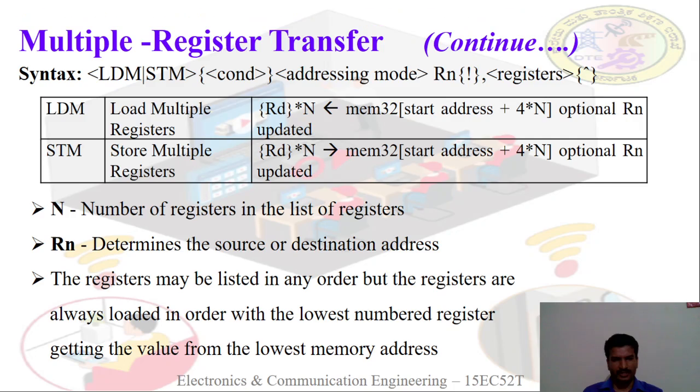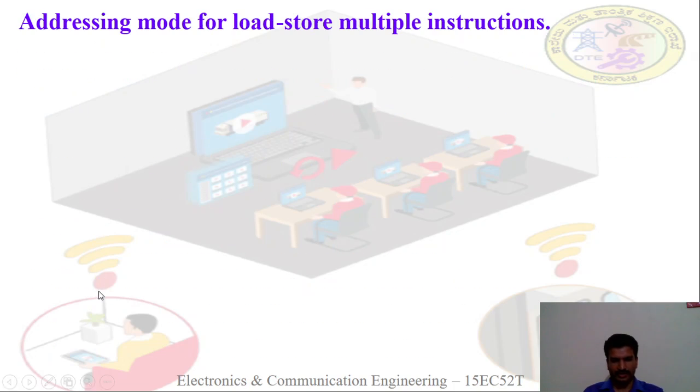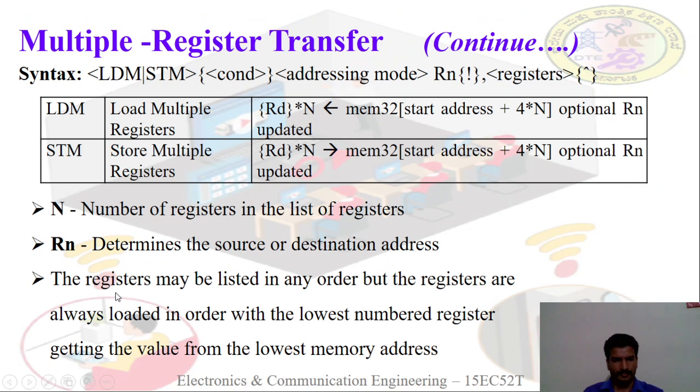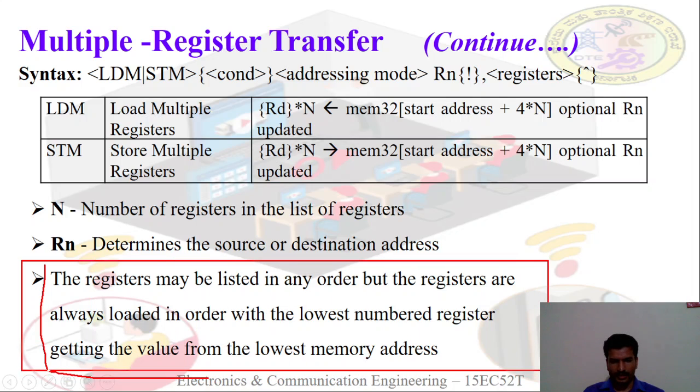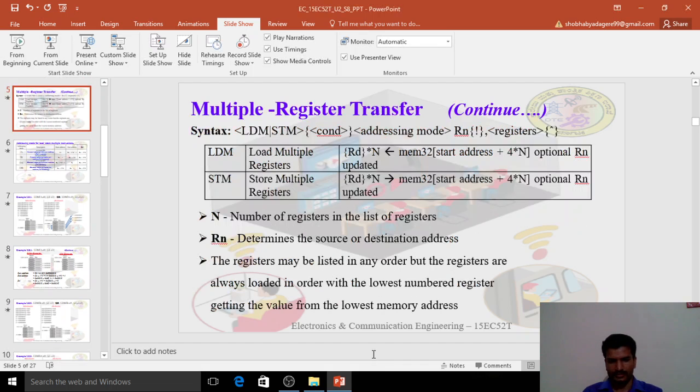So in the previous slide I have mentioned here, the registers may be listed in any order, but the registers are always loaded in order, with the lowest number register getting the value from the lowest memory address.